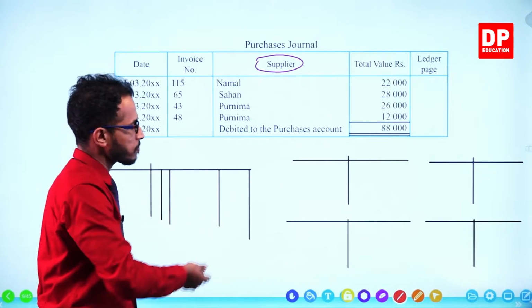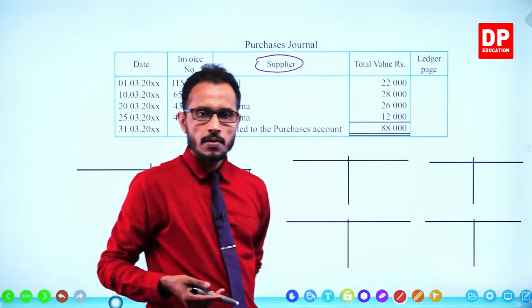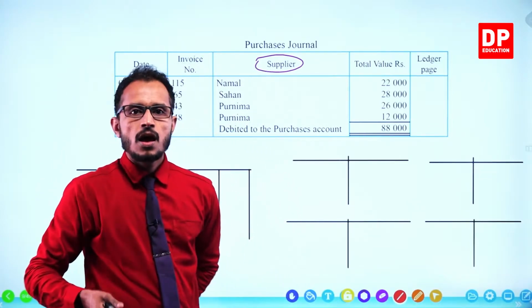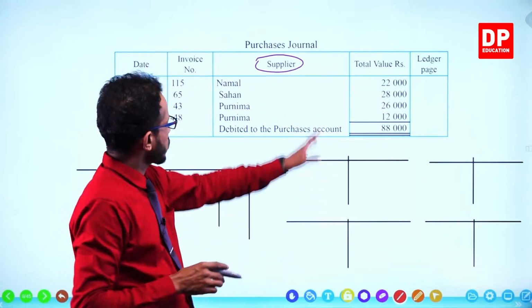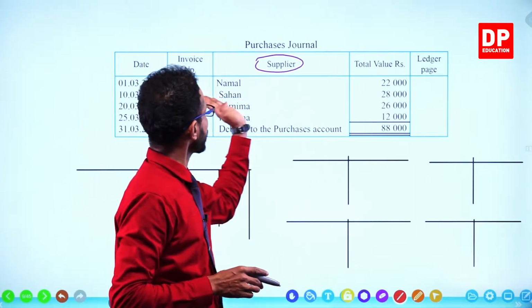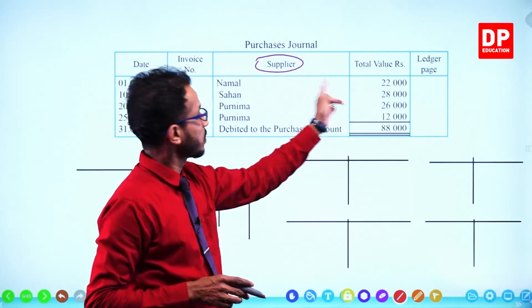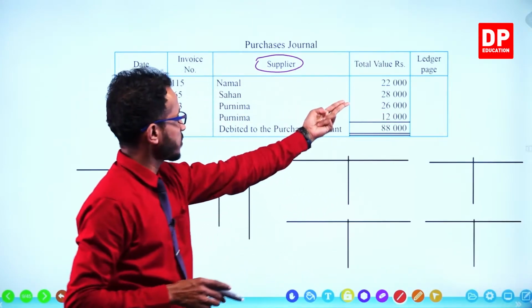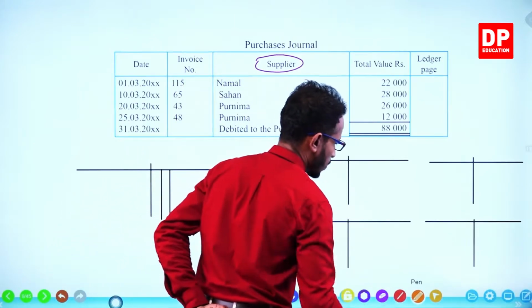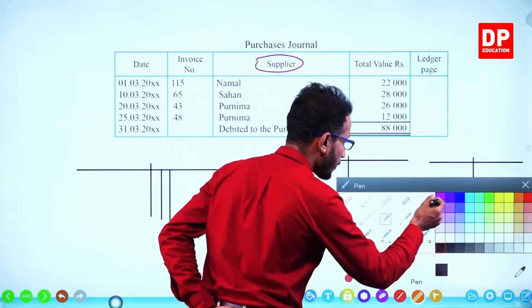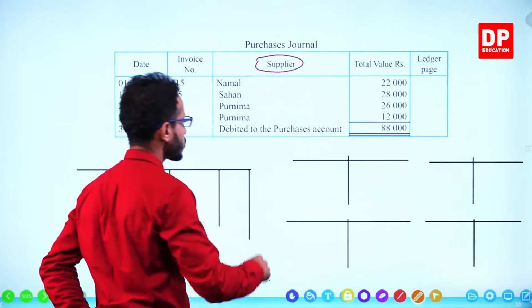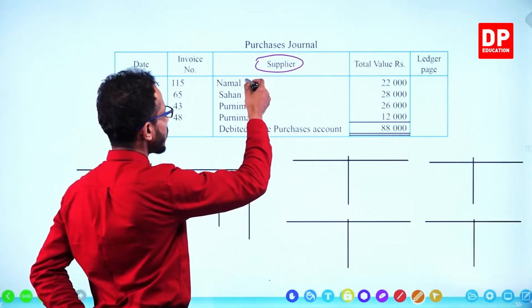These accounts are used to transfer these entries from the purchases journal as double entries. These accounts are used to record double entries.